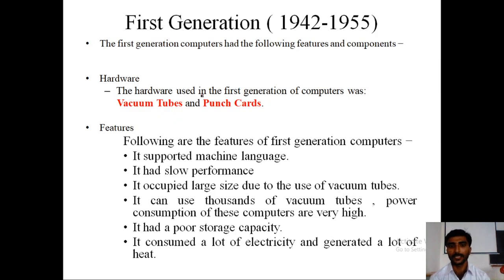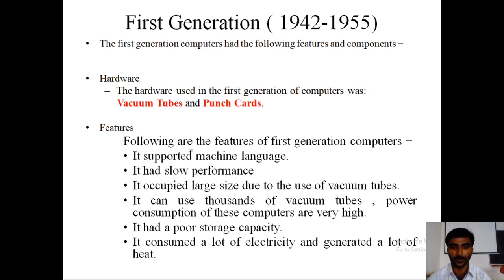It supported machine language. First generation computers supported only machine language, and they had slow performance. Slow here means it was a fast machine in that generation, but compared to now it is slow. It occupied a large size.